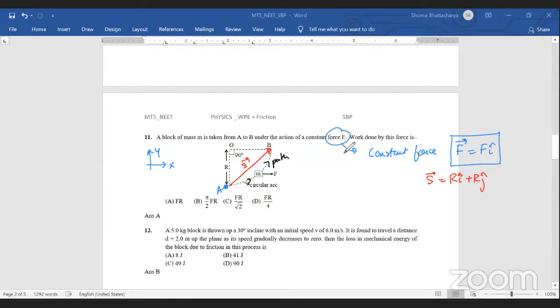Okay. So work done is going to be very simple. We'll just calculate by dot product. So that will become F r, dot product of this and this.